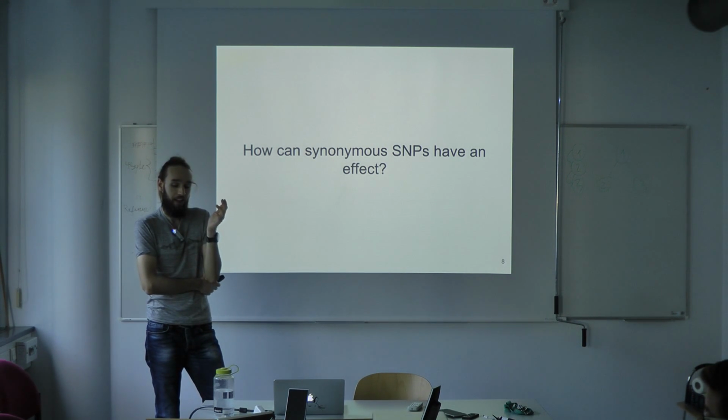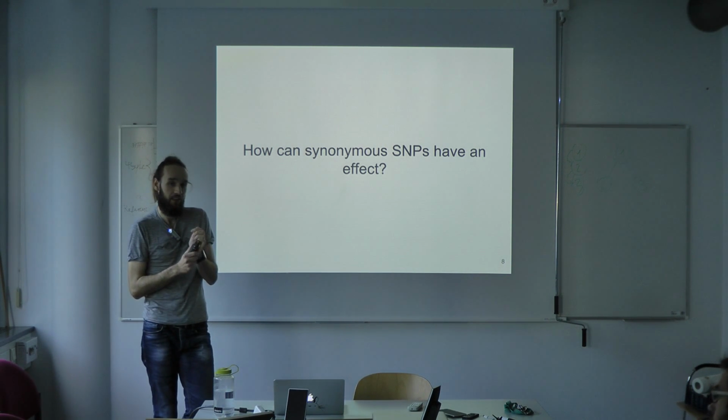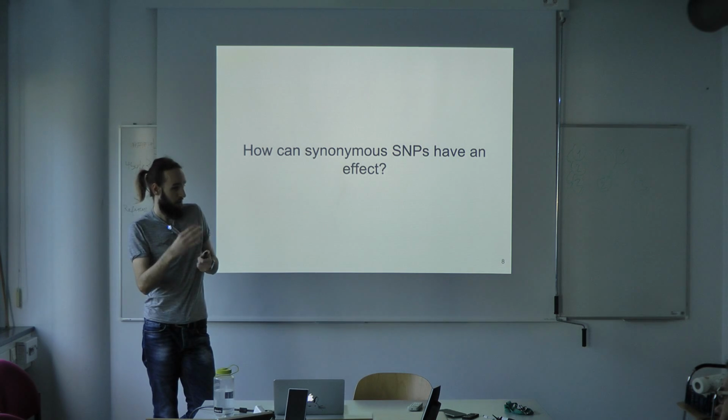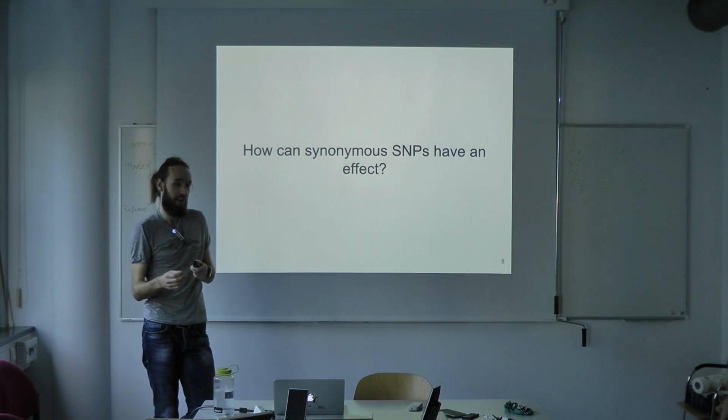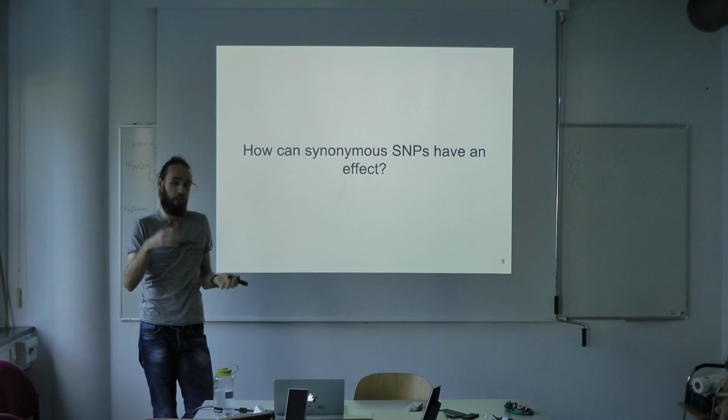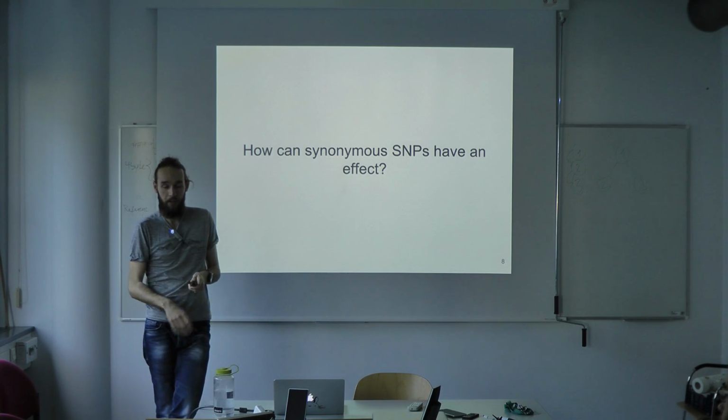The way this works is that during translation, the tRNA has the anticodon for the codon. So if you have a certain codon on the DNA, you need a tRNA that carries the fitting amino acid for that codon. That's how translation works. You recruit the tRNA that has the amino acid for your codon.